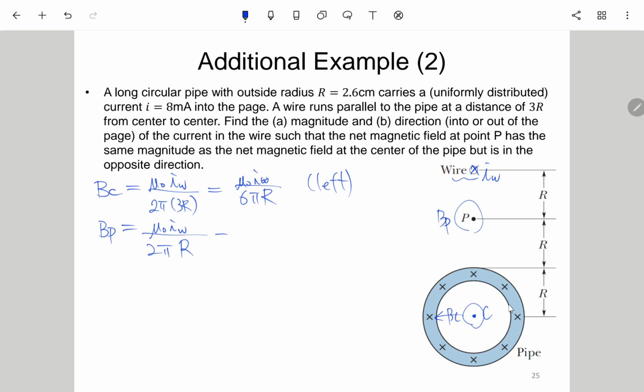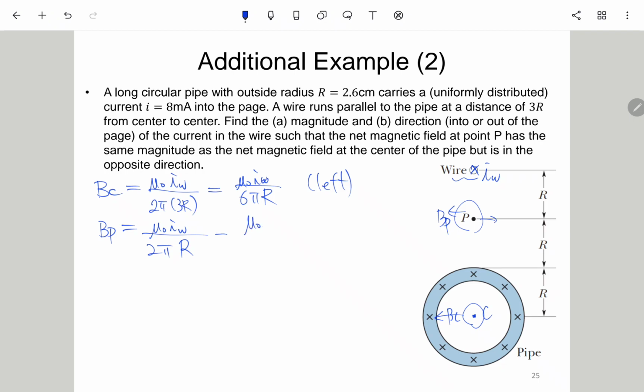This thing is going into the page, so the B field generated by this part will be pointing to the right side. The component generated by the wire at point P will be pointing to the left side, but this part will be pointing to the right side, so we have a negative sign here.